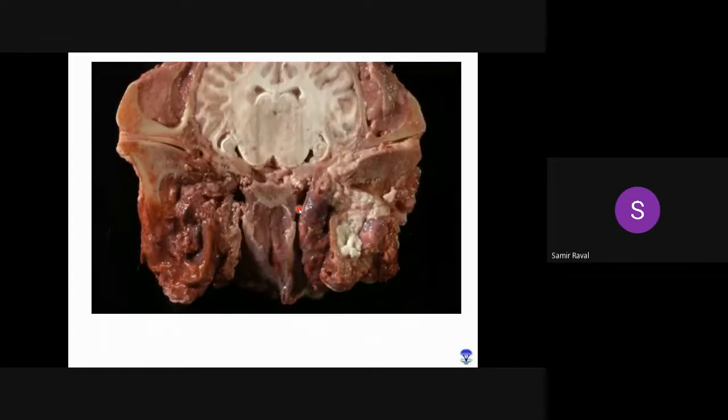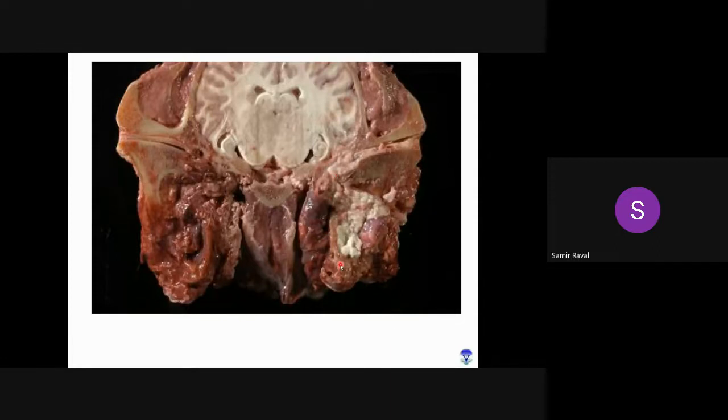Okay, then this one. Here you can see this is a cross section of a skull of a horse. These are the brain, and the pathology is present here.